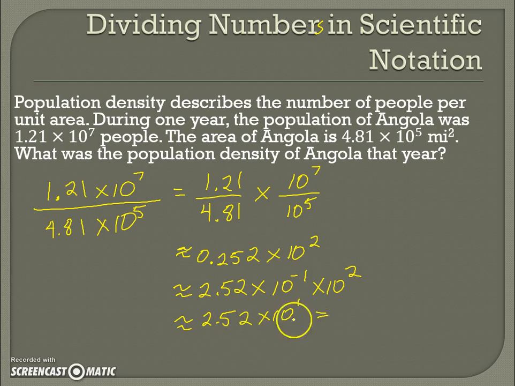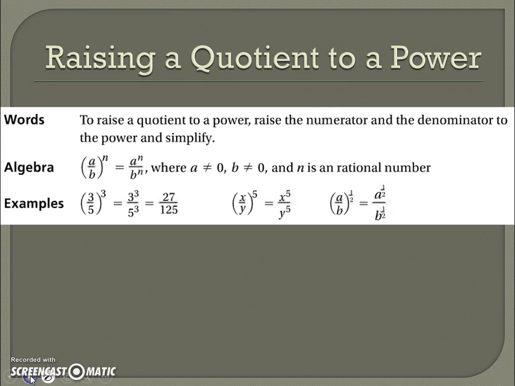Let's just go ahead and multiply that by 10 and get about 25.2 people per square mile. All right, so when you are doing scientific notation, you just split them apart just like that. Let's keep moving.